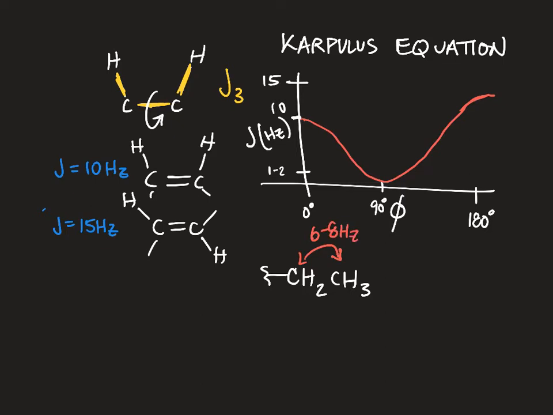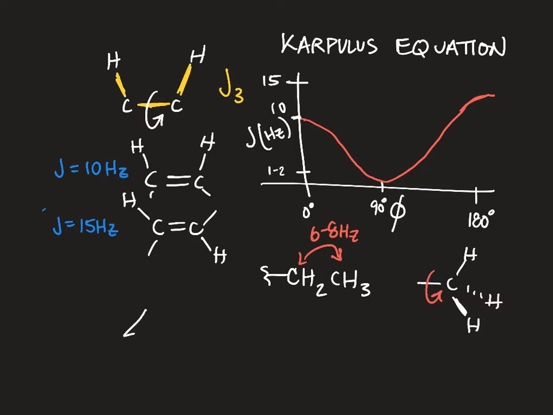That's because we're dealing with the chemical average of all of the geometries that cycle through somewhere between 0, 180, and 90 as a result of this spinning faster on the NMR timescale than what we see. And so that's why it averages to about 6 or 8 hertz in these very flexible systems. Only when we get some rigidity do we start to see this happen.